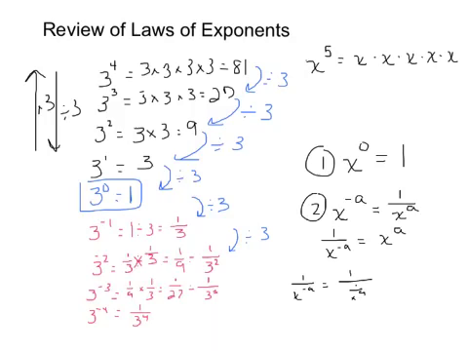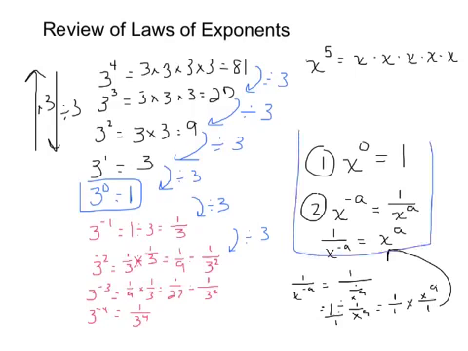So if I turn this into division, 1 divided by 1/x to the a, let me change that to 1/1 times, keep change flip, which would give me back that x to the a power. So these are the two rules that are fundamental to laws of exponents at the very beginning.